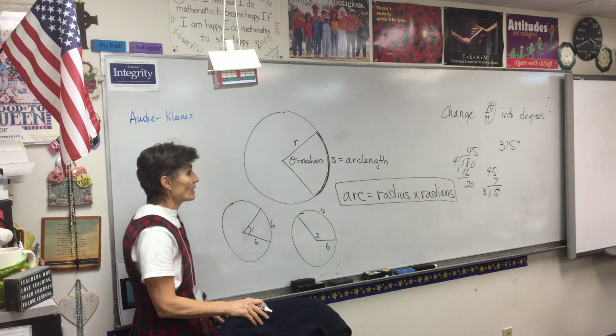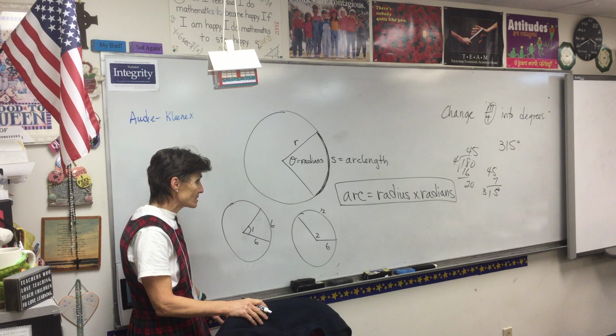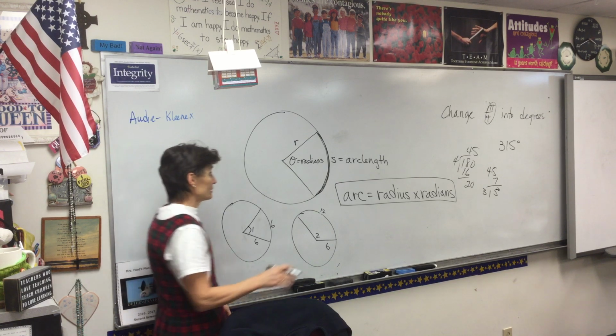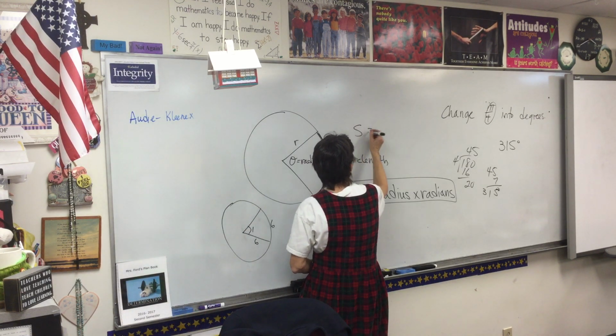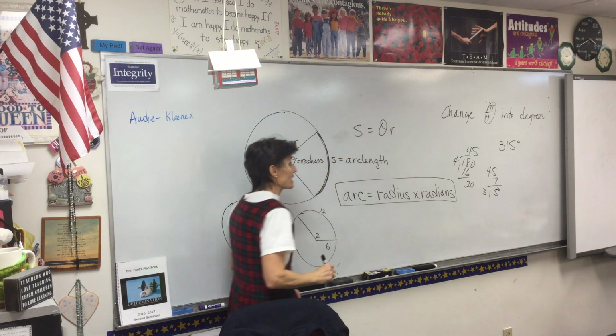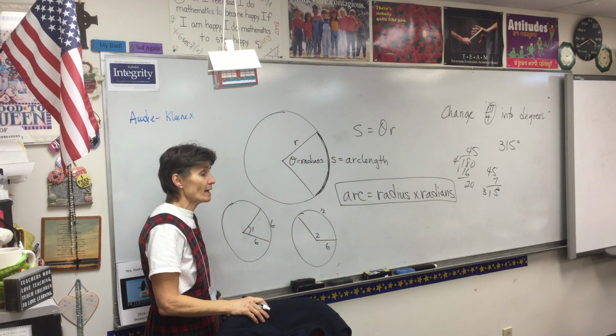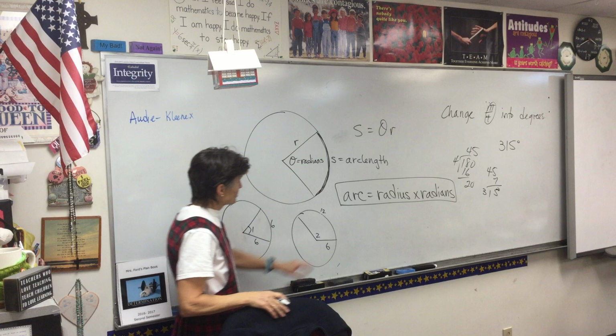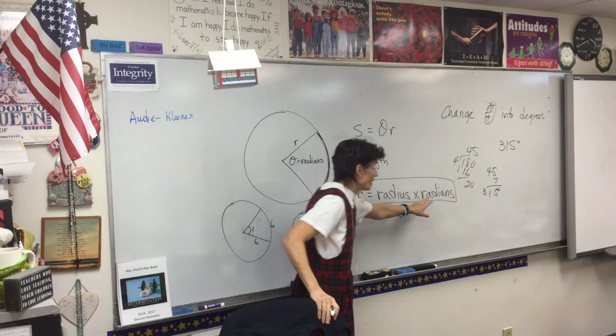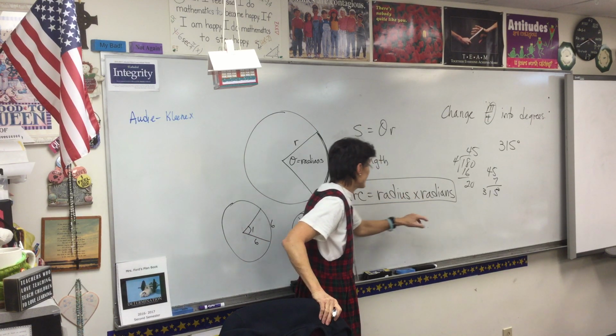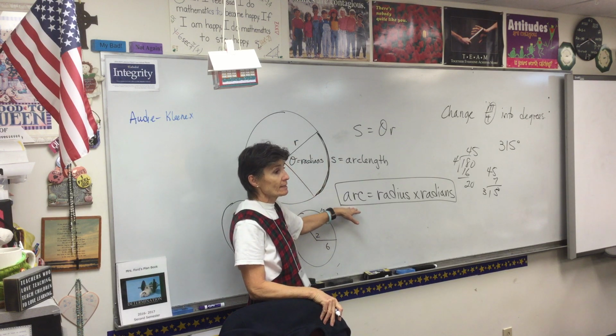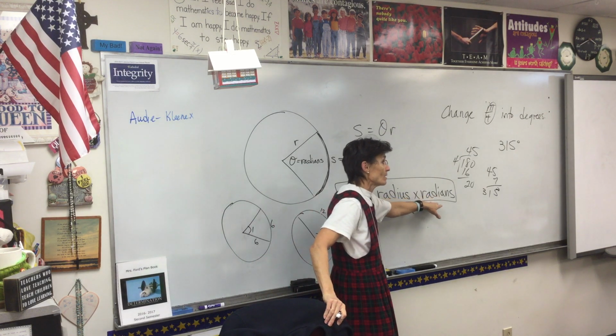Now your book is going to write it like this. Same formula, perfectly okay. I like to remind myself this angle has to be in radians, not degrees. That's why I memorize arc length equals radius times radians.